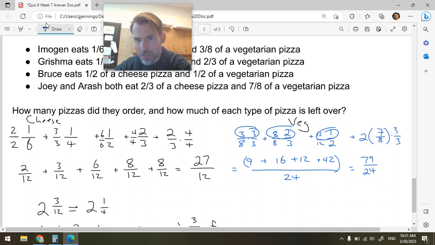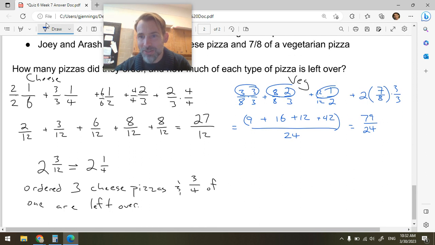Okay, so 79/24 is all right. Looks good to me. Yes, it's good. It's correct. So now we check it and we'd say, well, that's a little more than 3 pizzas because 3 times 24 would give you 72. Okay, and so then we would be left with 3 full pizzas and 7/24.